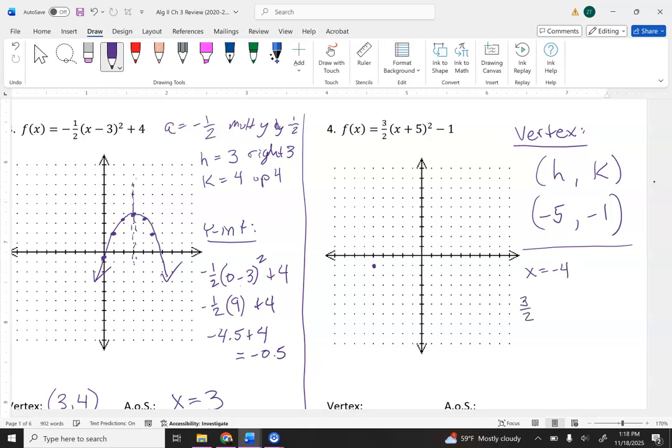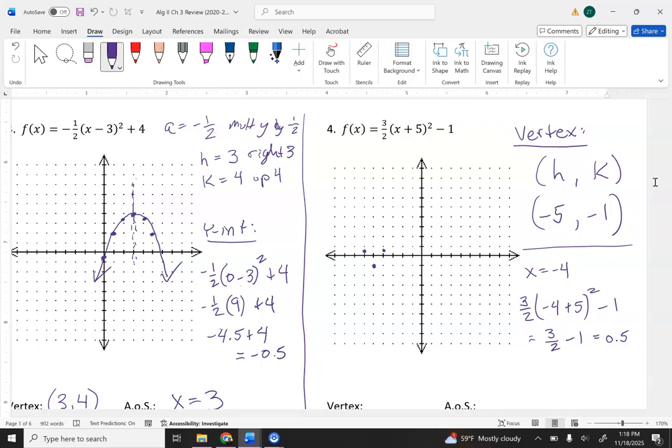That would be 3/2 times (-4 + 5) squared minus 1, and then just use our calculator or our head to solve that. -4 + 5 is 1. 1 squared is also 1. 1 times 3/2 would give us 3/2, minus 1, which would give us 0.5. So when x is -4, the y value is 0.5.